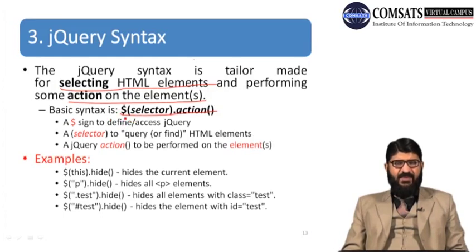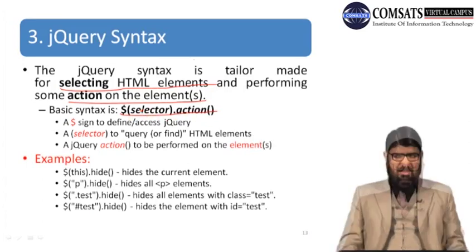The $ sign is to define or to access jQuery, then the jQuery selector is used to find the HTML element, and then the jQuery action is used to define the relevant action on that particular found selector. Let's see examples of jQuery.